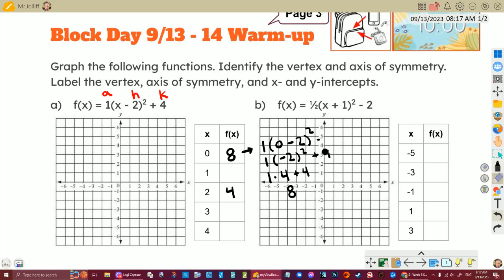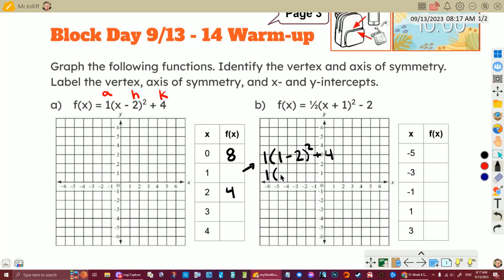Let's go ahead and try that again with our next box. So for our next box, we see that x is equal to 1, and we're going to do that same substitution process. So 1, I'm replacing x with the 1, minus 2 squared plus 4. We start with parentheses first.